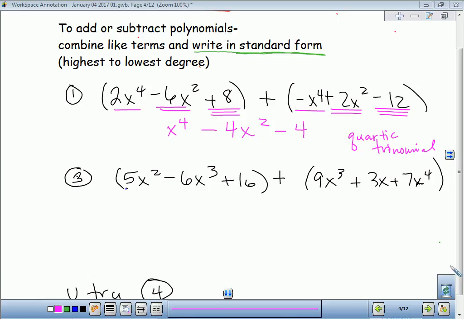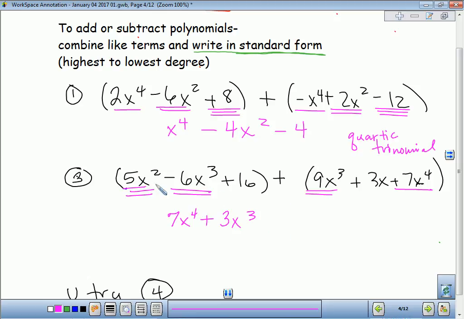Number 3. We would add like terms. There's a fourth power. I'm going to start there. So my first term will be 7x to the 4th. Here's a third power. There's another third power. So that gives me 3x cubed. Squared, only 1. So this would be, was this a minus problem?